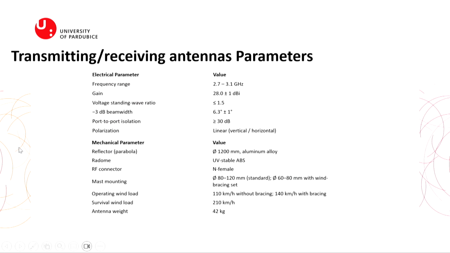There you have some parameters: from 2.7 to 3.1 gigahertz, gain 28 dB plus minus 1 dB, minus 3 dB beam width 6.3 degrees, port-to-port isolation more than 30 dB, both polarizations, which was important for us, operating wind load, survival wind load, okay, and antenna weight 42 kilos.